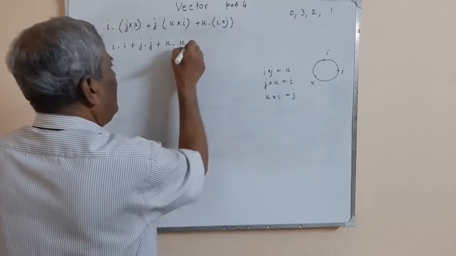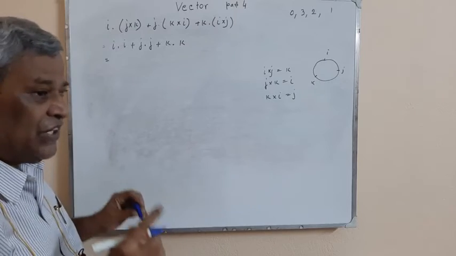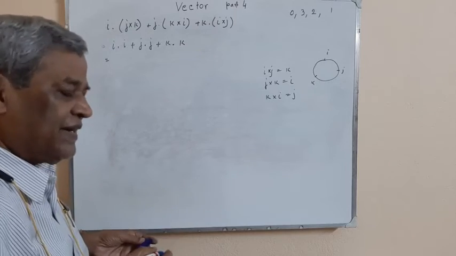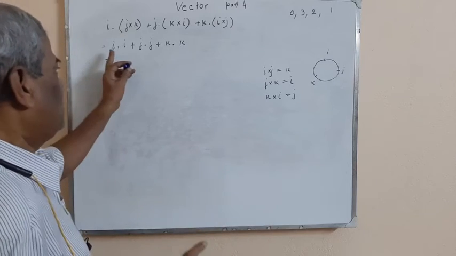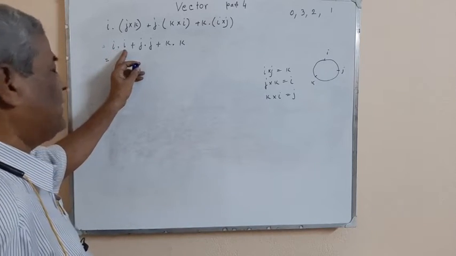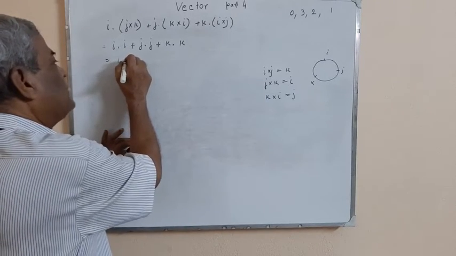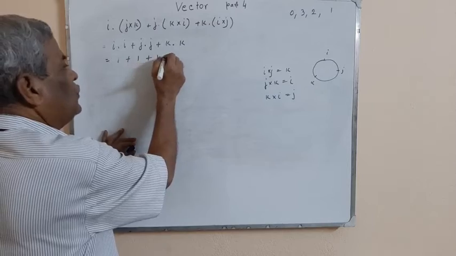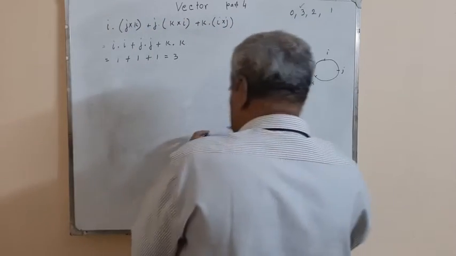Now it is equal to i dot i. i, j, k are unit vectors along the x-axis, y-axis and z-axis. So this is equal to 1 into cos 0, which is again 1. By the same reason each is 1, so the answer is 3. This option is correct.